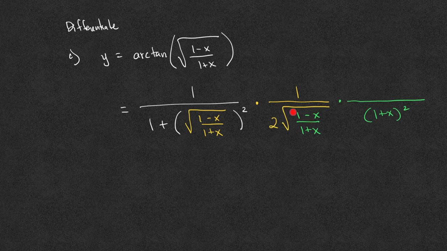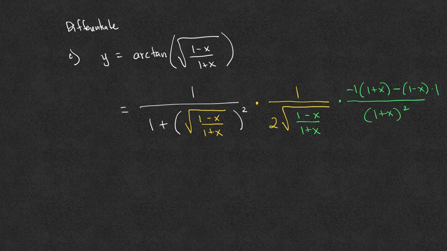The derivative of 1 minus x is 0 minus 1, multiplied by the denominator 1 plus x, minus, and then we keep the numerator 1 minus x and multiply by the derivative of the denominator, which is 1 only, because in the denominator the derivative of 1 is 0 and the derivative of x is 1.